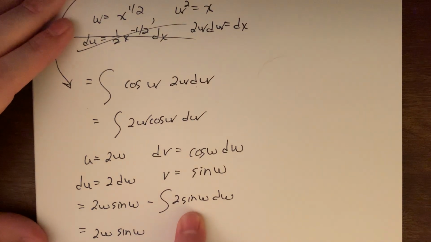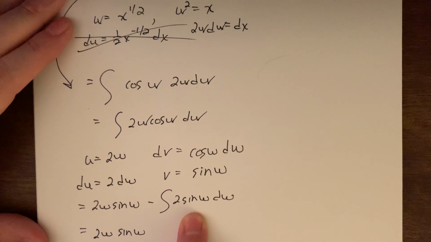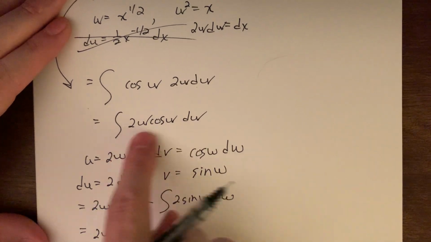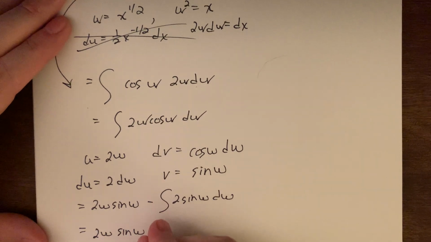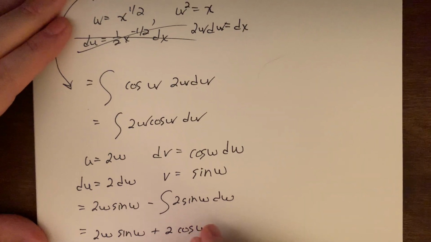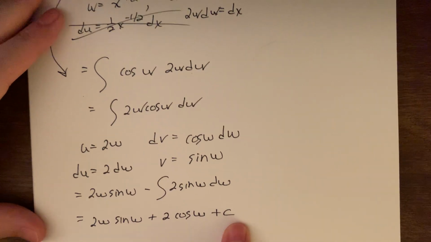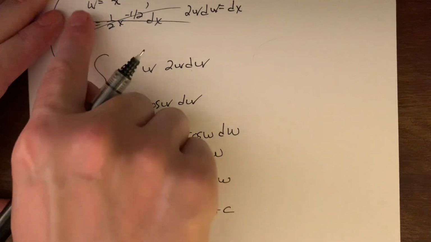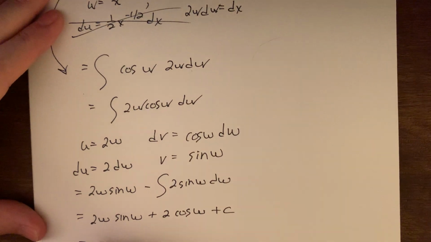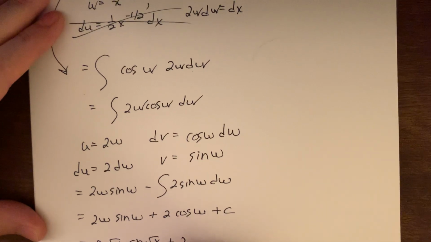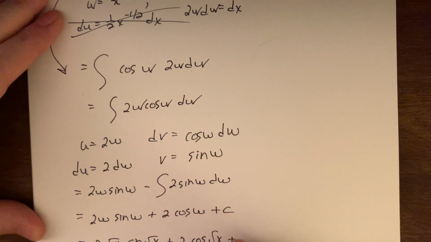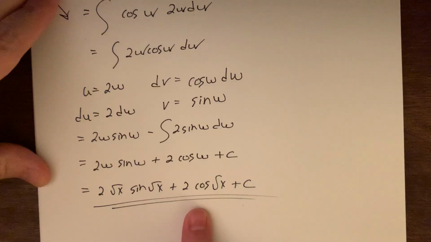This integral is how I really know my integration by parts worked. The integration by parts didn't solve everything, but it took this minor multiplication issue. Now there's no multiplication. The antiderivative of negative 2 sine would be positive 2 cosine. And I would still have to back sub. w was the square root of x, so 2 square root of x sine square root of x plus 2 cosine square root of x plus c.